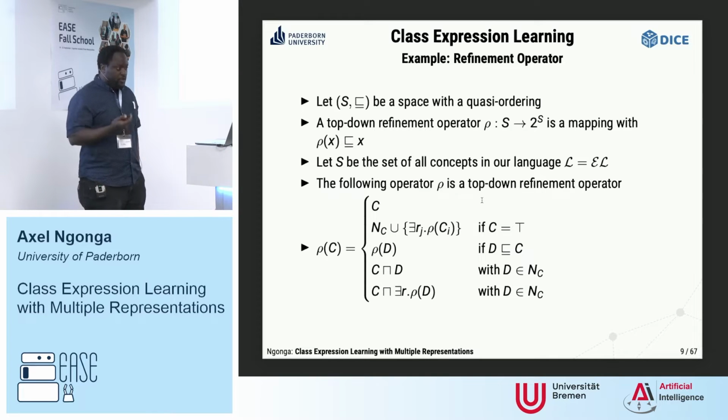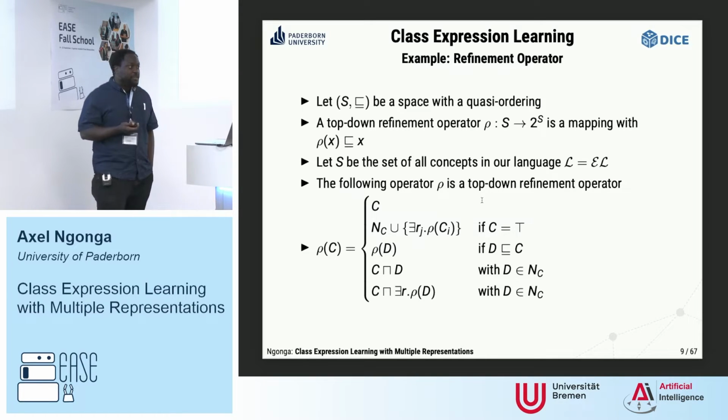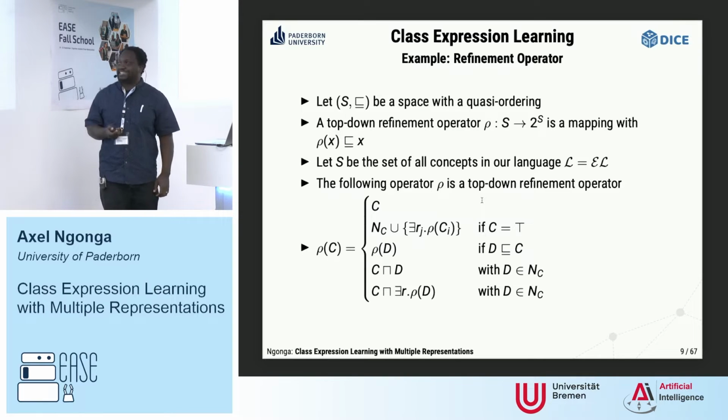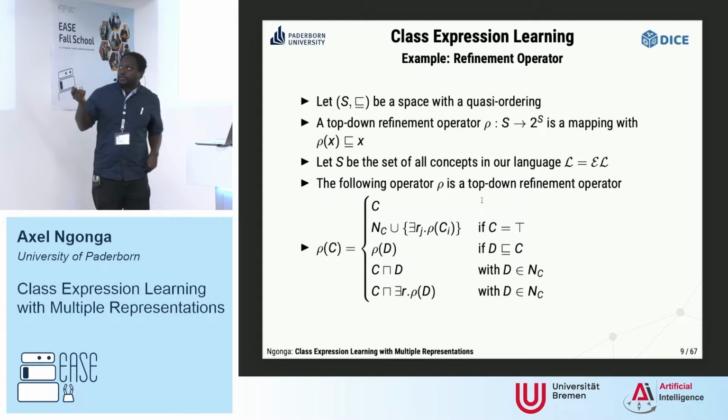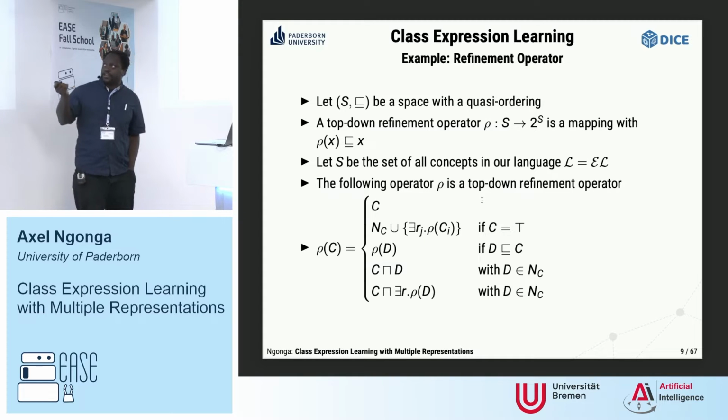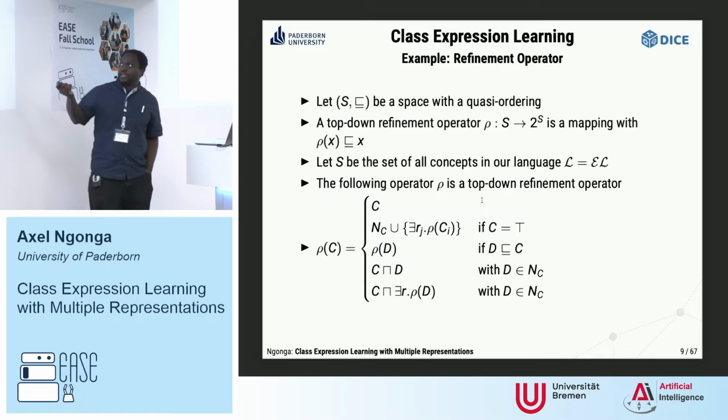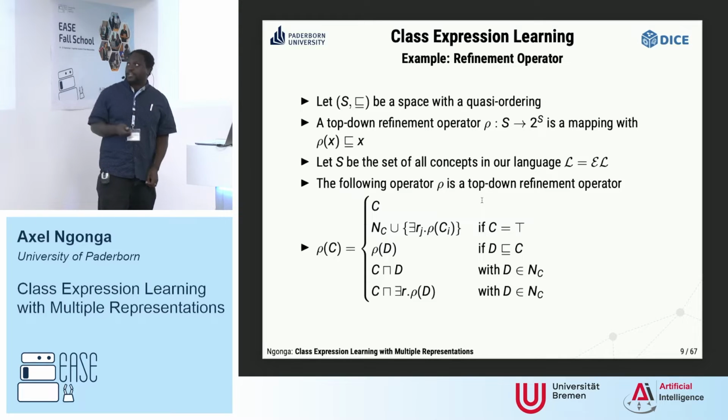I told you that we commonly use what we call a refinement operator to generate candidate solutions. What is that exactly? Assume that you're in a particular space S, so basically a set, for example, of all concepts with a particular quasi-ordering, or partial ordering really, something like subsumption.